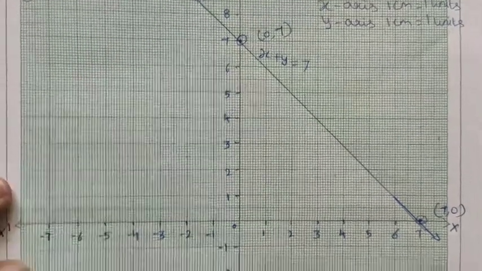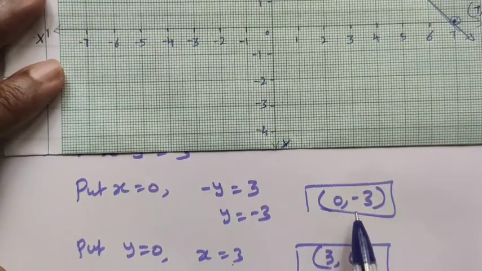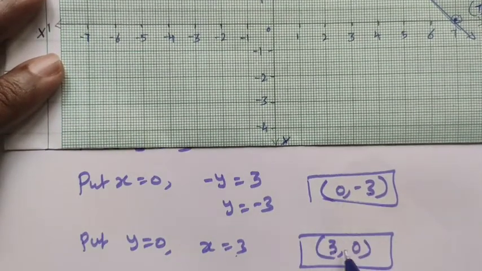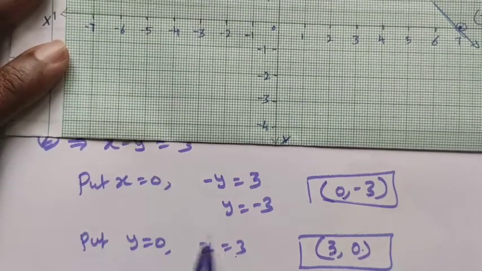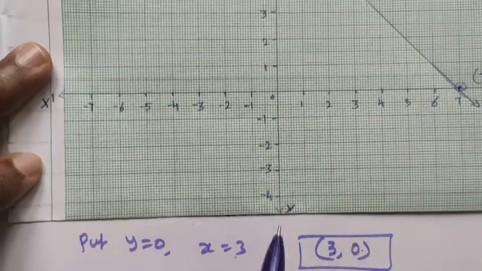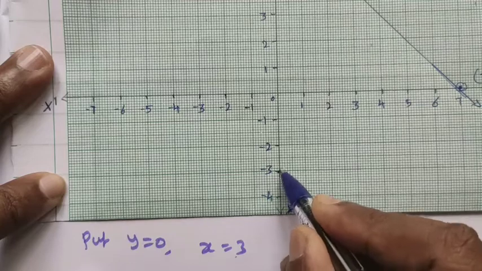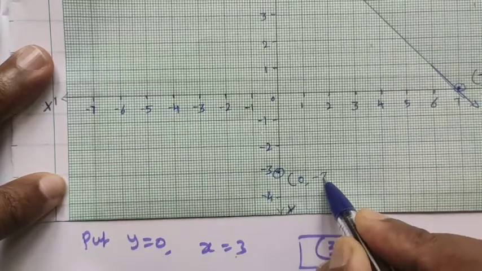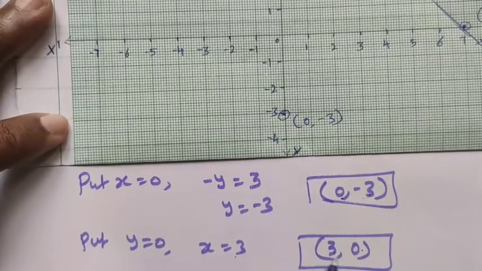Next we see the second equation's two ordered pairs, that is 0 comma minus 3 and 3 comma 0. See these two ordered pairs for the second equation, x minus y is equal to 3. Let me plot the points. First one is 0 comma minus 3. X is 0, y is minus 3. The point lies here, that is 0 comma minus 3. And then the second point is 3 comma 0.